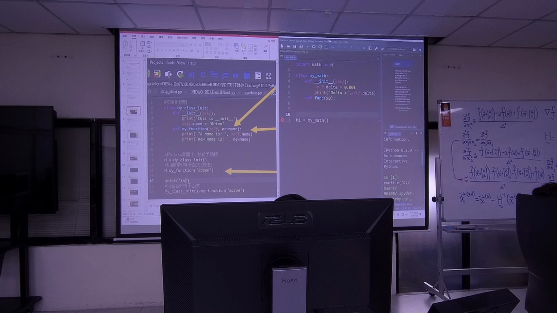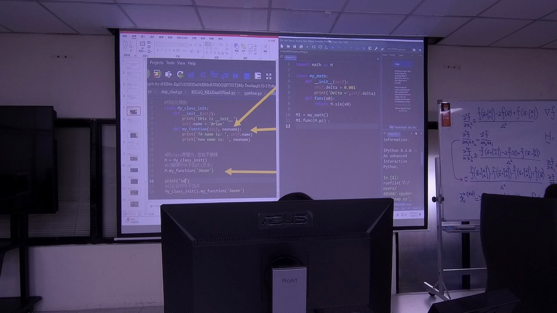I haven't finished yet, hold on, let me continue. So over here, I should return m dot sine function and x0. If I do m1 dot func and say sine, for example, sine pi.